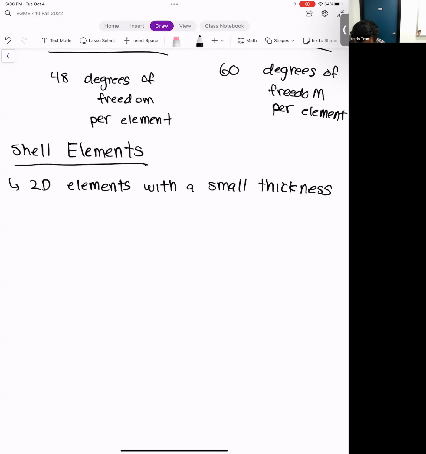And so the thickness of the shell elements is not represented geometrically, right? You don't actually see the thickness in the 3D model. Instead, that thickness is stored as a property, basically the same thing as a density or Young's modulus.